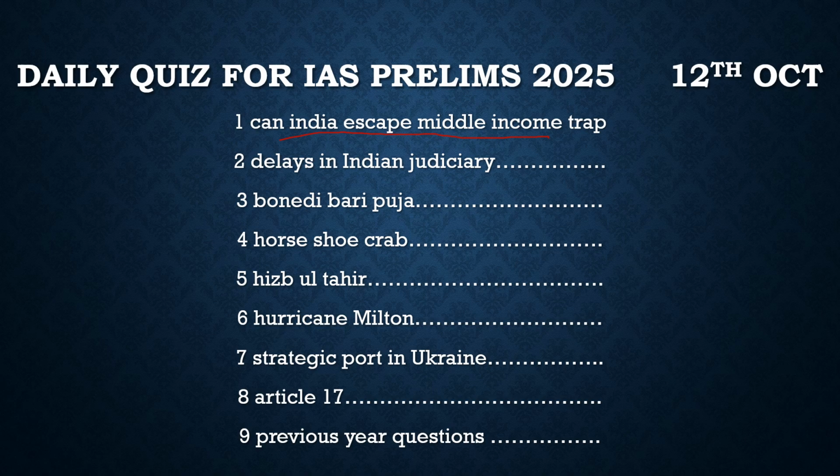And finally, the author in this article tries to give us examples of two major entities, one an organization and another a country, that escaped from this middle income trap. First, he mentioned the European Union, but this example does not suit India because it was the efforts of the EU that led these European countries out of the middle income trap.